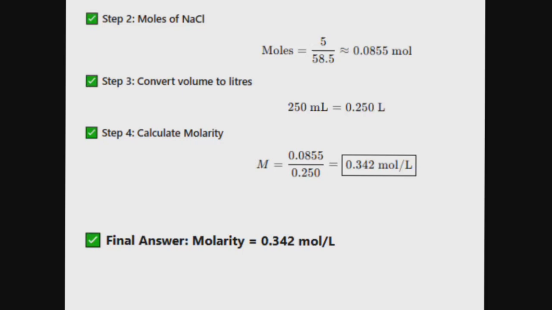That's the moles of the salt given to you all over the volume you converted to liter. Then when you divide this, it will give you 0.342 mole per liter. I don't know if anyone is confused at the calculation. Is there anything you did not understand?